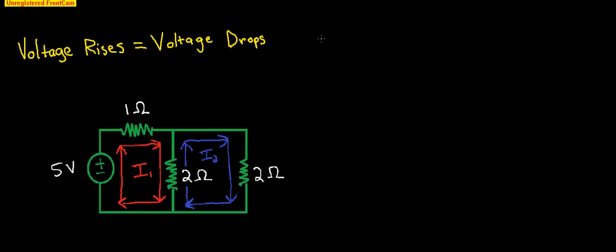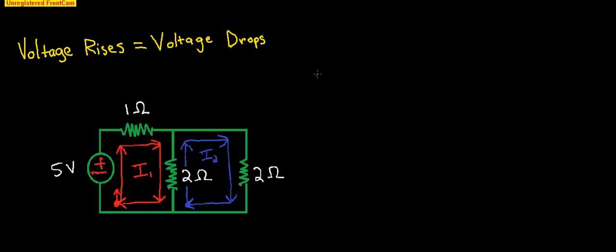Okay, so let's solve this thing. Taking a look at mesh 1, we will start in this bottom corner and start going up. So we go through this 5-volt battery, going from minus to plus. When you go up through a battery from minus to plus, that is a voltage rise.